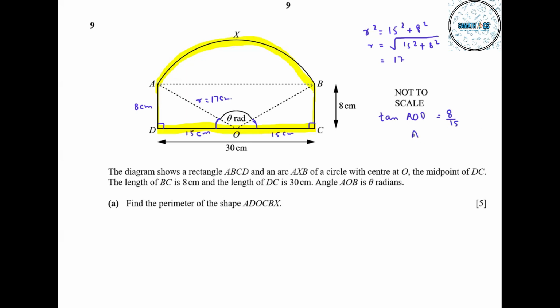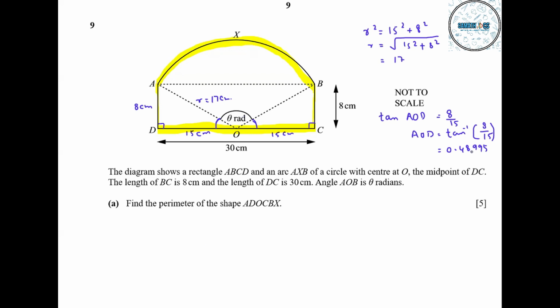So AOD is equal to tan inverse of 8 upon 15. So we have here 0.48995. We have to use radian mode to find out this angle, because whenever we do circular measure questions, we have to use radian mode because the angles are in radian.